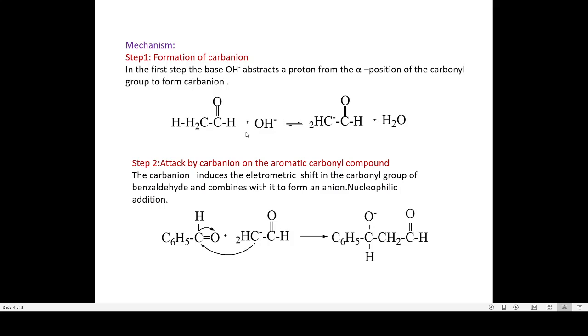The second step is that the carbanion formed in the first step now attacks the aromatic carbonyl compound. Here we have taken benzaldehyde. The carbanion induces an electromeric shift in the carbonyl group of the benzaldehyde and combines to form an anion.